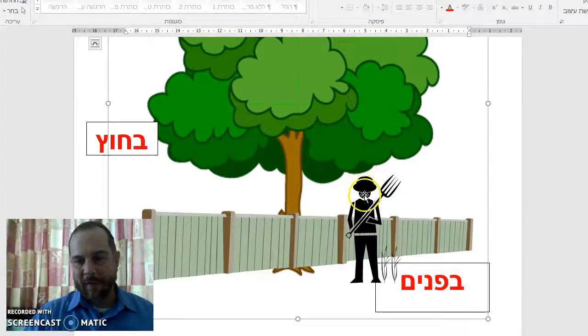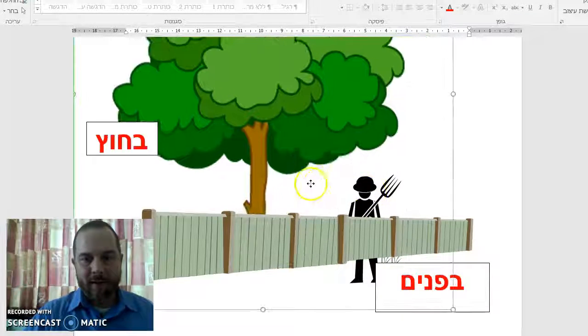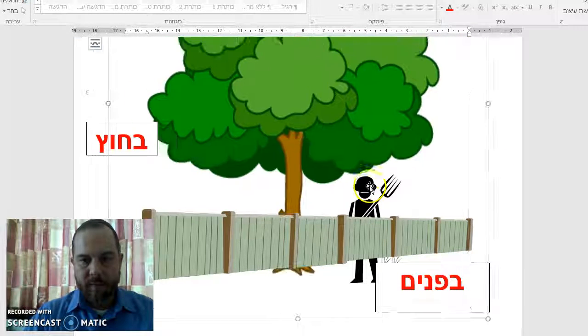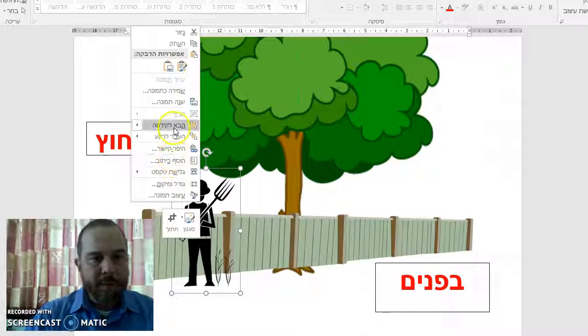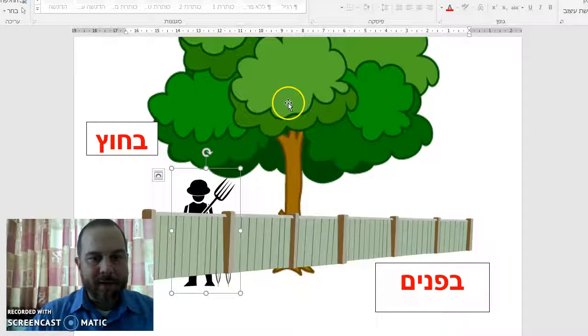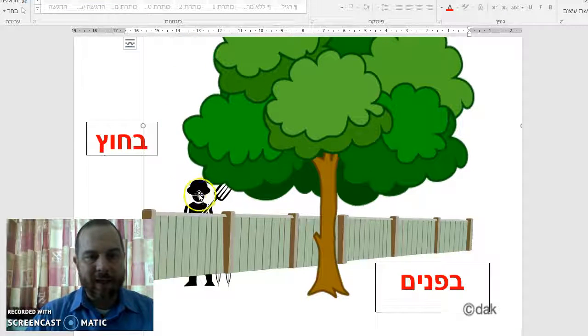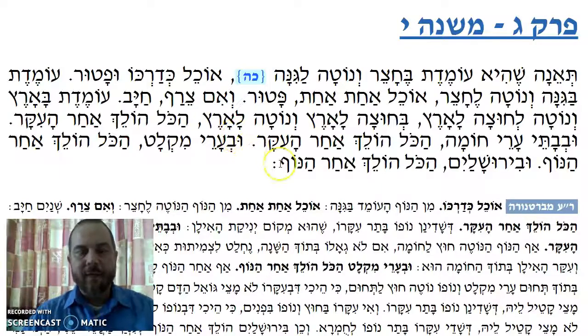I'm going to move my farmer guy and move him outside. And now I'm going to move my tree inside. The tree is inside the ir miklat, and the farmer is out of the ir miklat, but the farmer is standing under the nof. Is that considered in the ir miklat or not? So the Mishnah says, Hakol halech achar hanof.